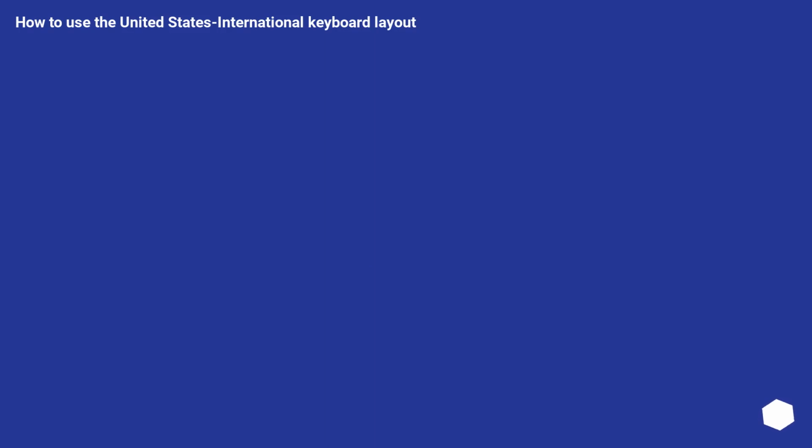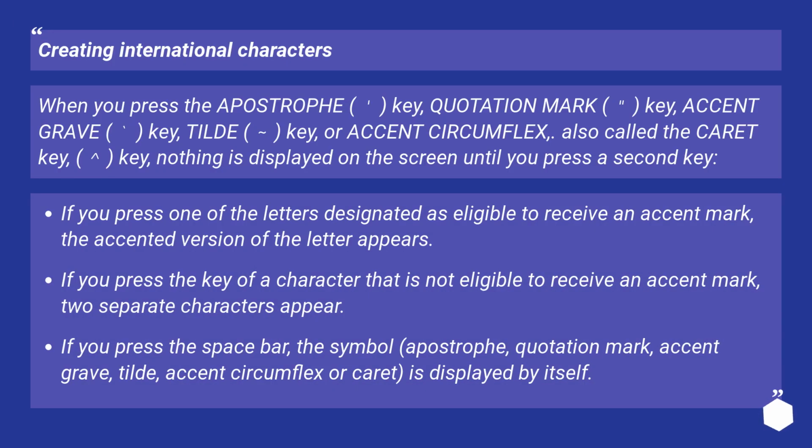How to use the United States International Keyboard Layout. Creating international characters. When you press the apostrophe key, quotation mark key, accent grave key, tilde key, or accent circumflex, also called the caret key, nothing is displayed on the screen until you press a second key. If you press one of the letters designated as eligible to receive an accent mark, the accented version of the letter appears.